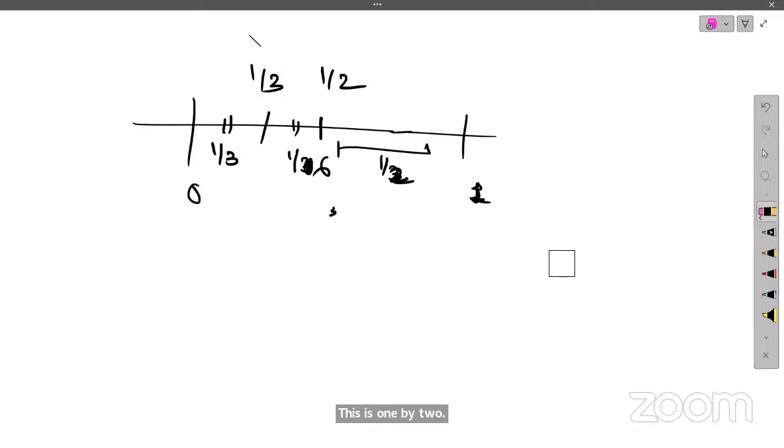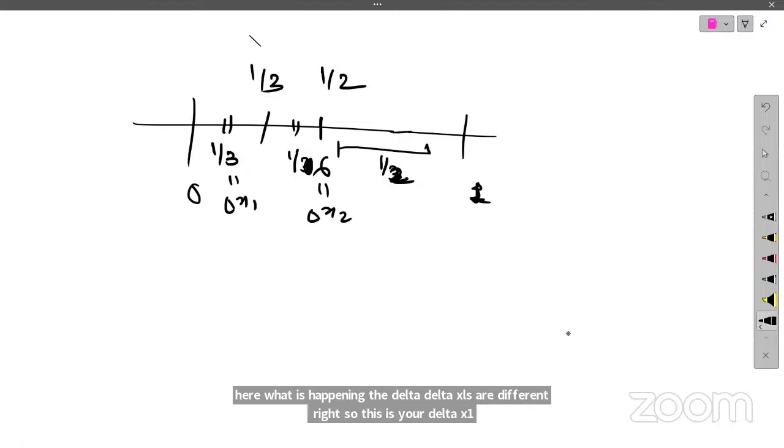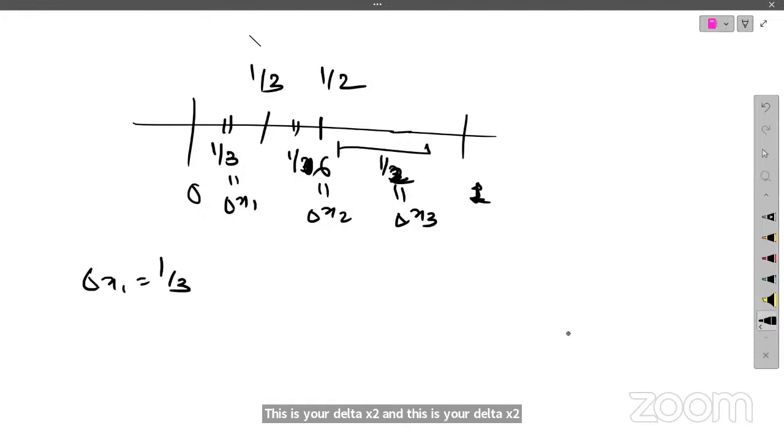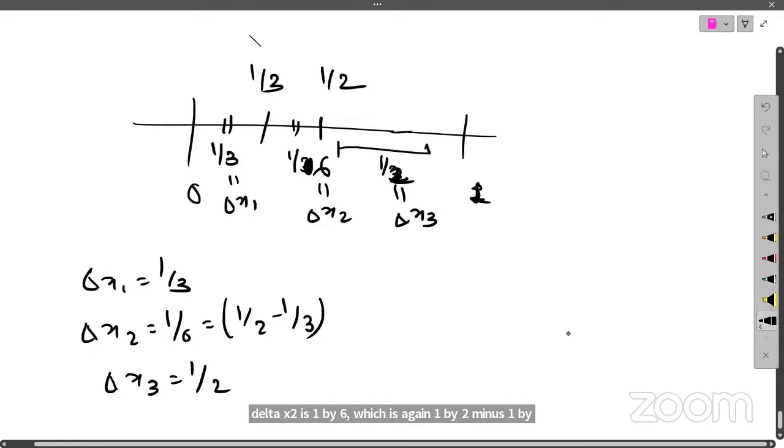So here what is happening? The delta x's are different, right? This is your delta x1, this is your delta x2, and this is your delta x3. Here delta x1 is 1 by 3, delta x2 is 1 by 6, which is 1 by 2 minus 1 by 3, and delta x3 is equal to 1 minus 1 by 2. So it depends.